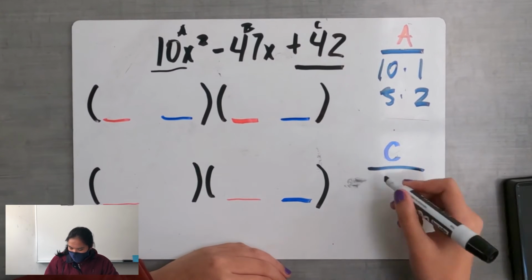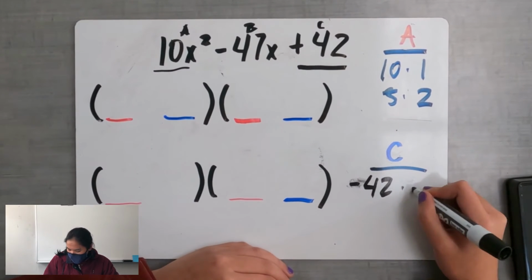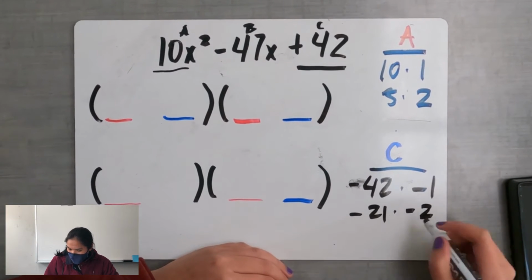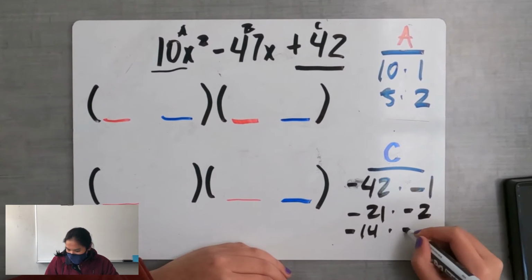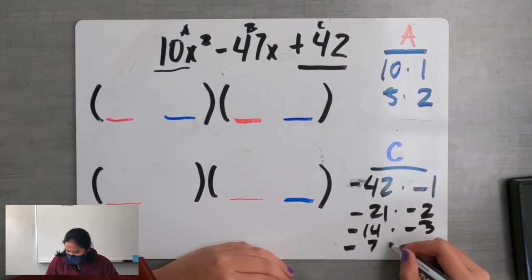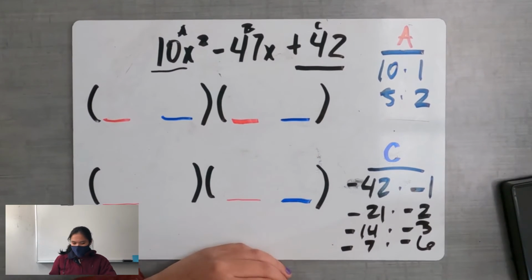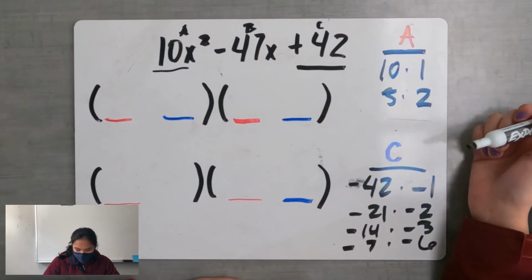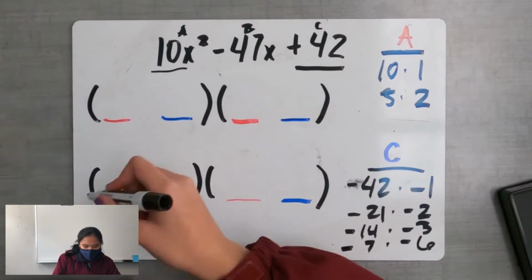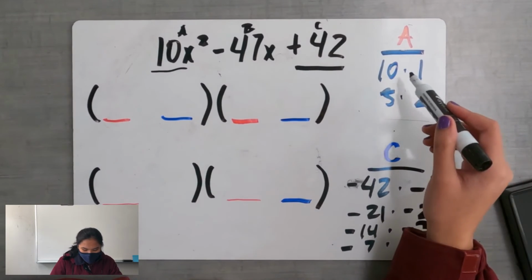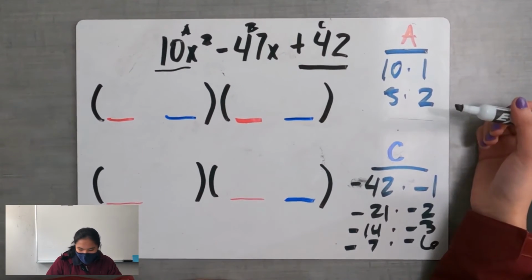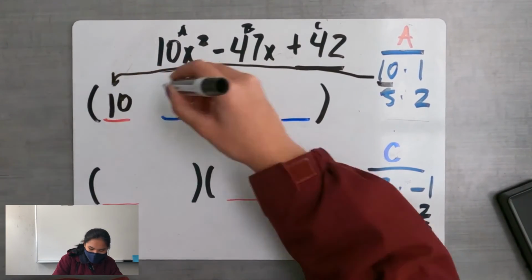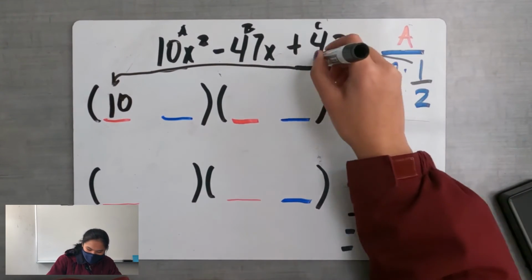So we would have 4 pairs: negative 42 times negative 1, negative 21 times negative 2, negative 14 times negative 3, and negative 7 times negative 6. And so we would set up our factors like this, and the factors of A would be in the first part of the parentheses, so we can have 10x right here and 1x right here.